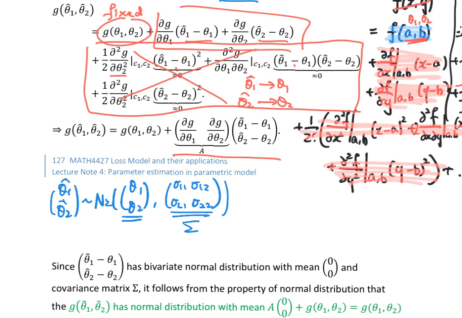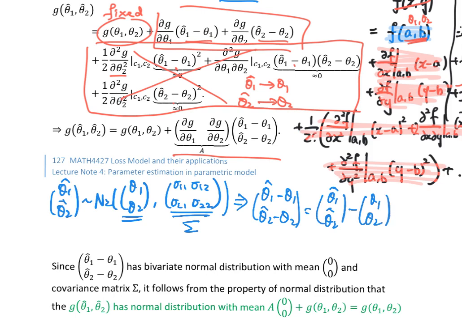Given this, you can easily argue that if you consider the difference between the true value and the MLE, which is this vector minus this fixed vector, then according to the property of the multivariate normal, it will follow the multivariate normal with mean equal to the 0 vector, since we just subtract the mean, and the covariance matrix sigma.